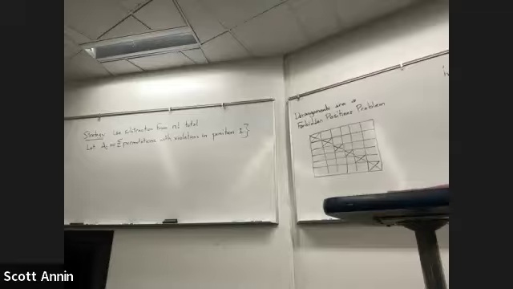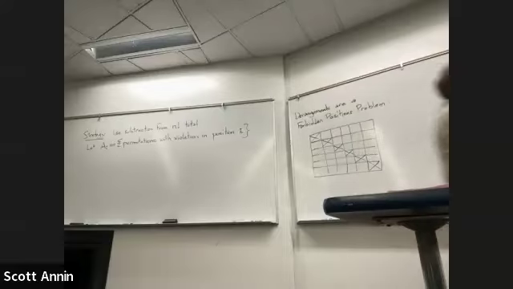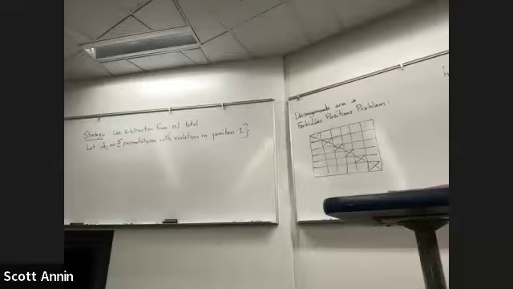So A1 would be any permutation where the first number in your permutation was a 1 or a 4 or a 5. A2 would be any permutation where there was a 1 or a 3 in the second position.